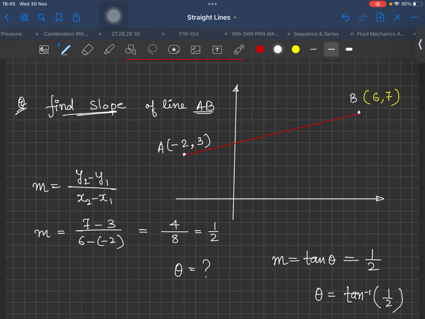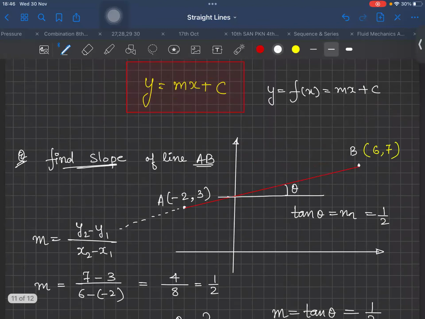Or if you know at what angle it is intersecting the x-axis, you can draw a line parallel to the x-axis, and if you can find this angle theta, that will also give you the slope. So tan theta is equal to m. In this case we have already got 1 by 2. So either you know the angle or you know 2 points, you can find the slope. This is also called the 2-point formula.